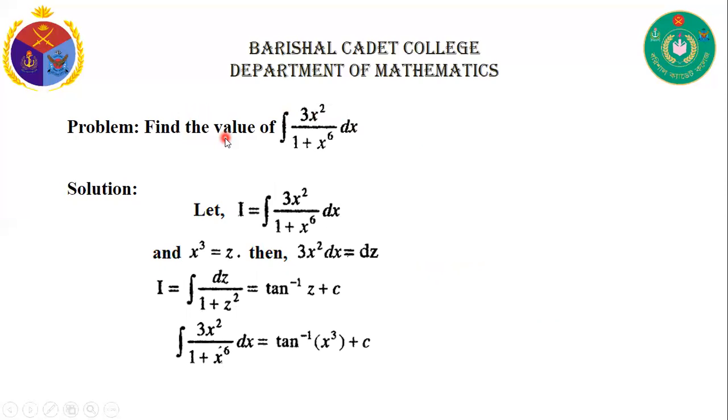Now here is another type of problem. For this type of problem, if we choose 1 plus x to the power 6 equal to z, then the differentiation of 1 plus x to the power 6 is not available in the problem, so the other choice doesn't work. So we choose what we can: ask the differentiation of which term gives 3x squared.